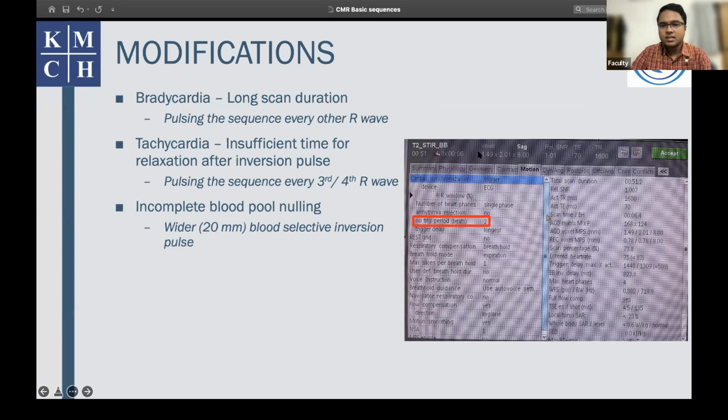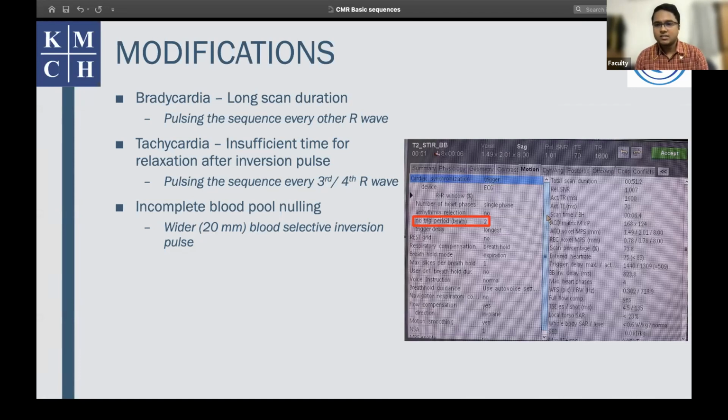So here you can see that the no trigger period is set as 2, meaning that the non-selective and the slice selective 180 degree pulse followed by the 180 degree pulse for fat suppression are given over 2 RR intervals, so that it gives sufficient time for the protons which are deflected 180 degrees to regain their magnetization along the main magnetic field.